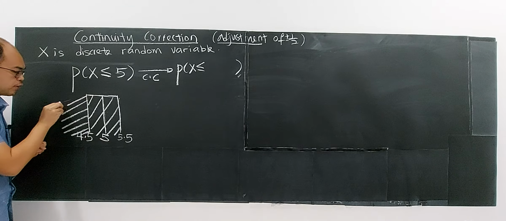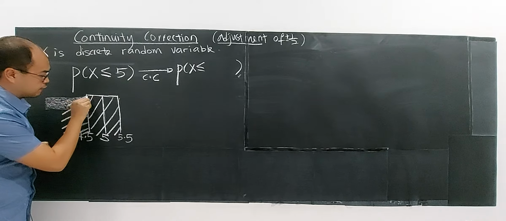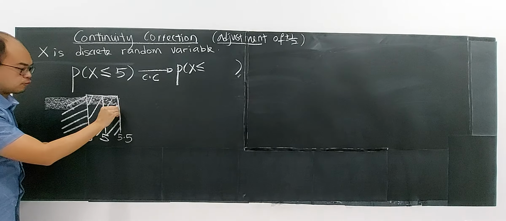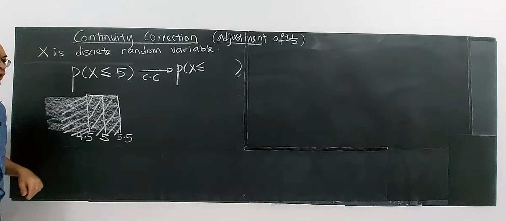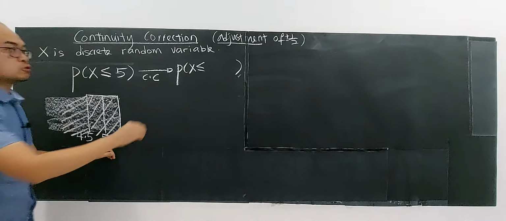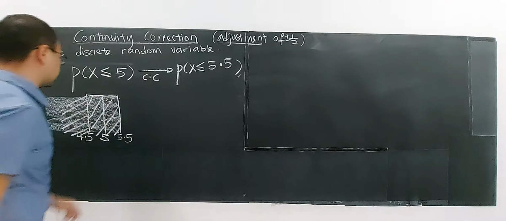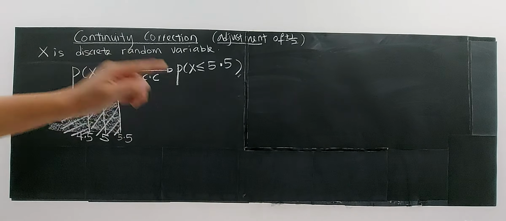I shade from where to where? From the left up to 5.5, right? Can you see that? Up to 5.5, you know. So here should be 5.5. That's the meaning here. Okay? Okay, tak faham lagi.